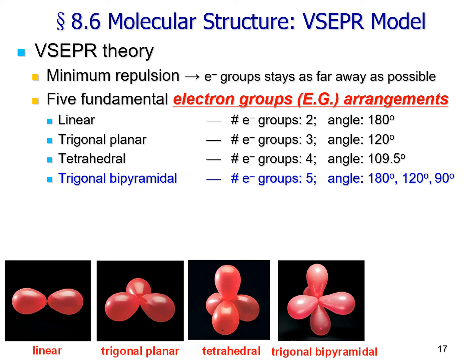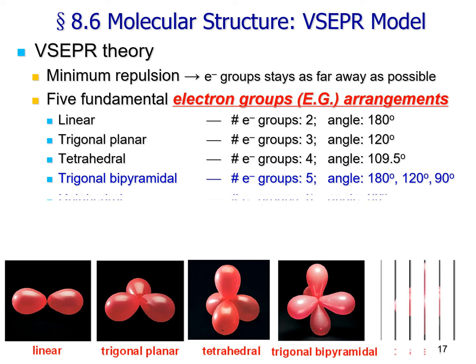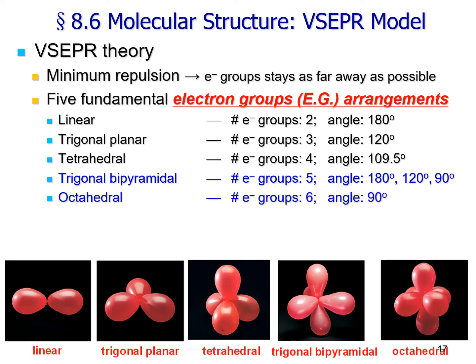The angle here could be 180, 120, and 90 degrees. If we got 6 electron groups, that would be octahedral, and the angle is going to be 90 degrees among them.